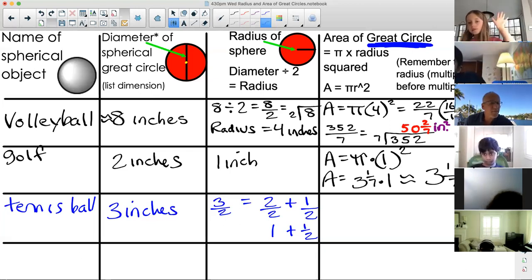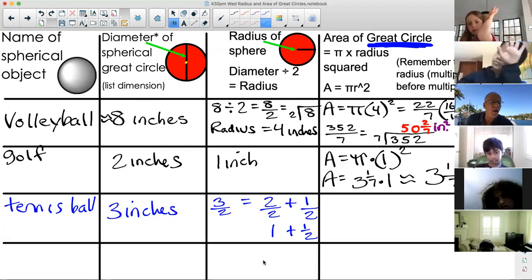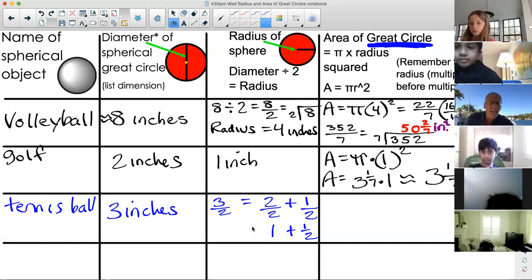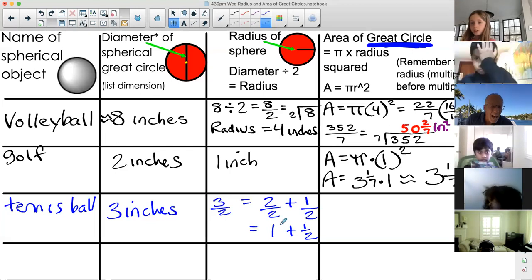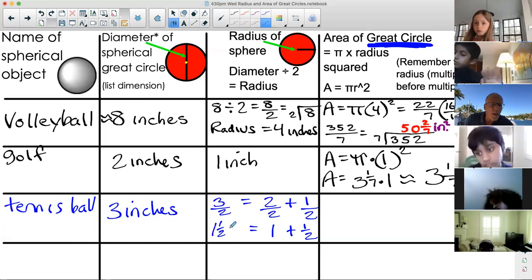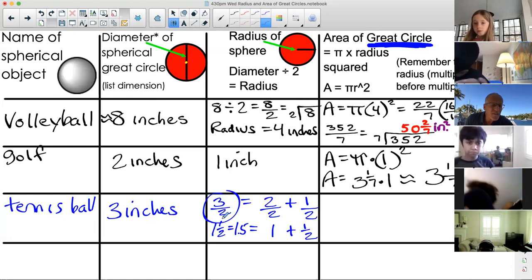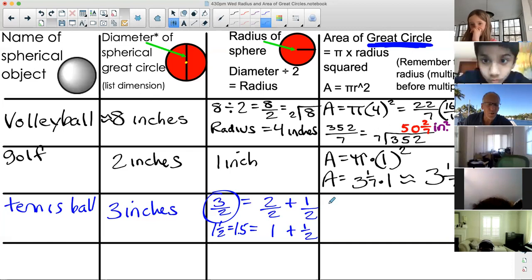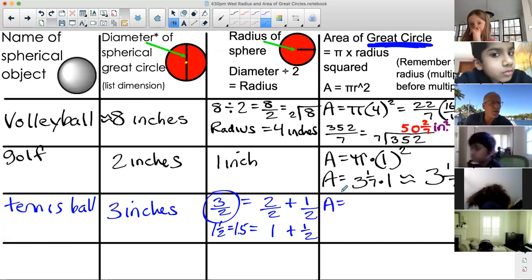Keep yourself unmuted. You've got to listen. I want to make sure you're listening. I'm trying to find out the radius of the tennis ball. Okay, Mark, help us out. It's 1.5. Yes, 1.5 or just 3 halves. Isabella, do you see that? It's 3 halves. Now we have to do the area equals.